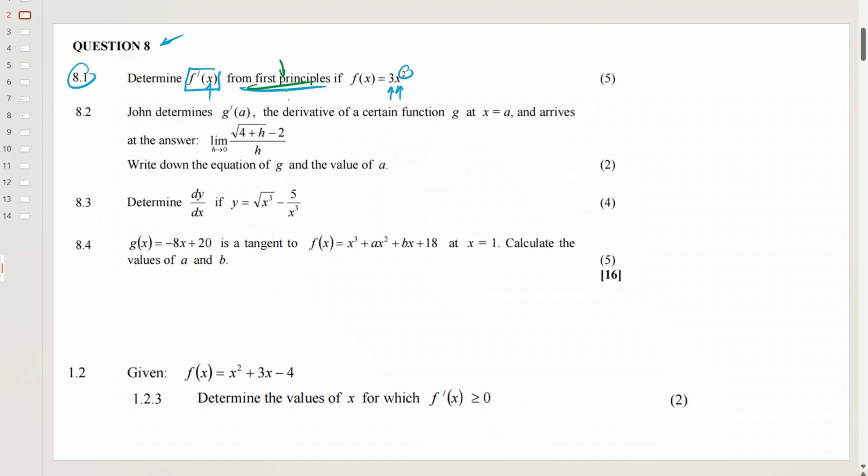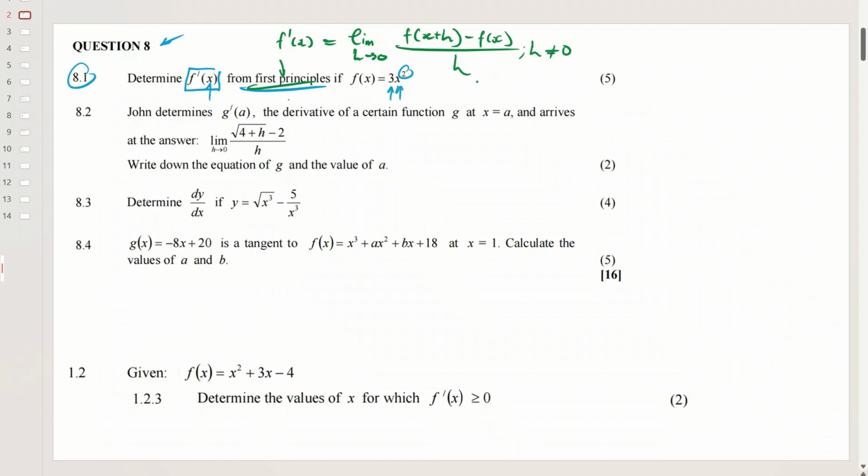method, which is the first principle formula: f prime of x, which is equal to what? The limit as h approaches 0 of f at x plus h minus f of x, and everything divided by h. And remember that h cannot be 0. Why?